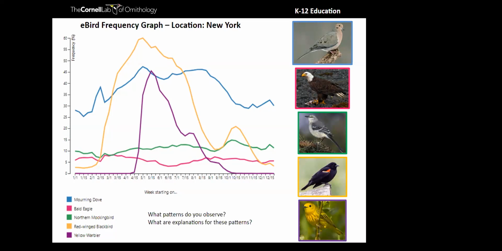I've also put their pictures there with their box. Cool patterns here too. So this is in New York. Which birds are migratory? Even if you're not in New York, which birds are migratory in New York of these 5 species? You can go ahead and use the chat window if you like.